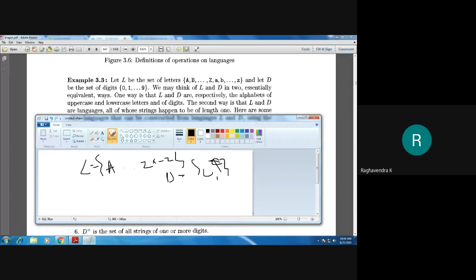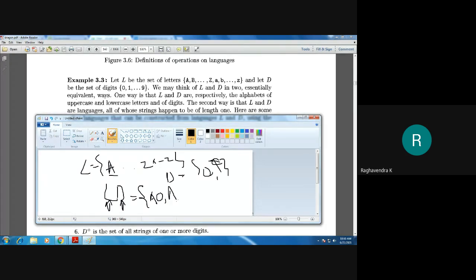So you take one from each and combine. LD means one string from L and one string from D put together. For example, I take A and I take 0 from D. So this is one of the strings that is generated.